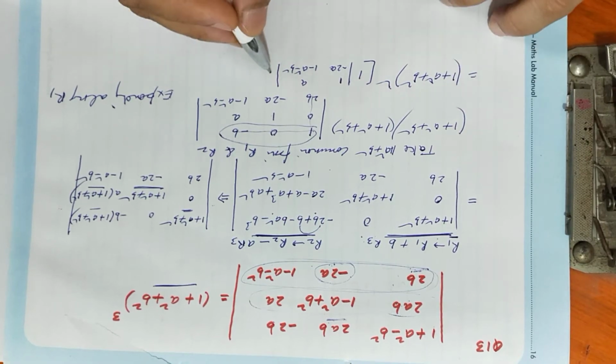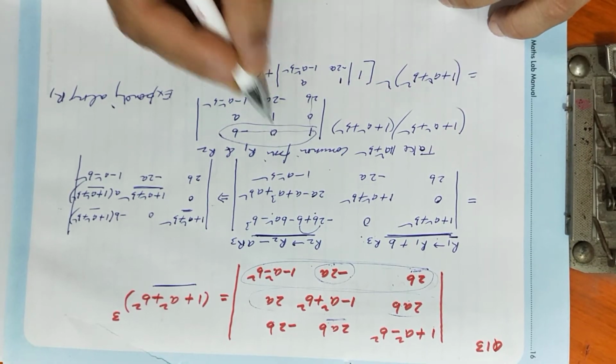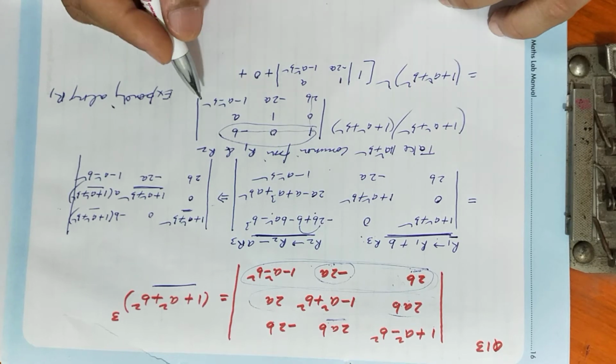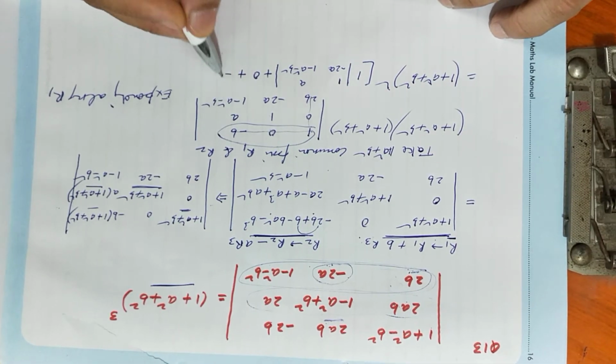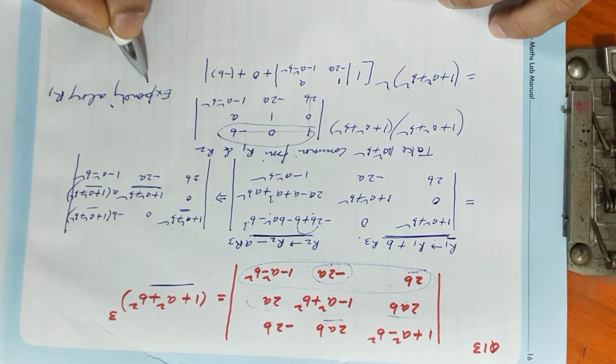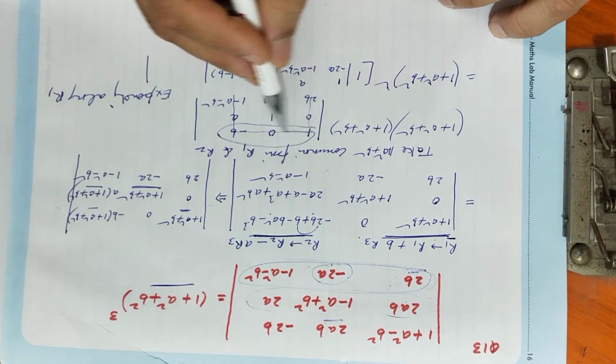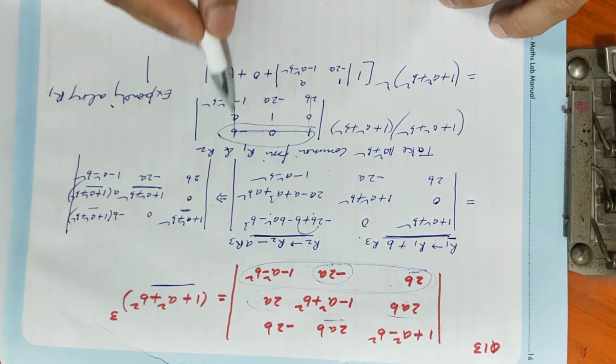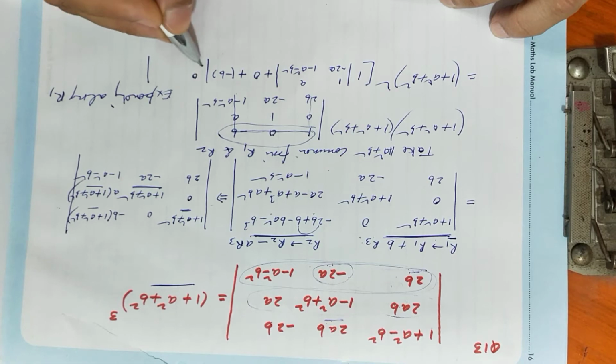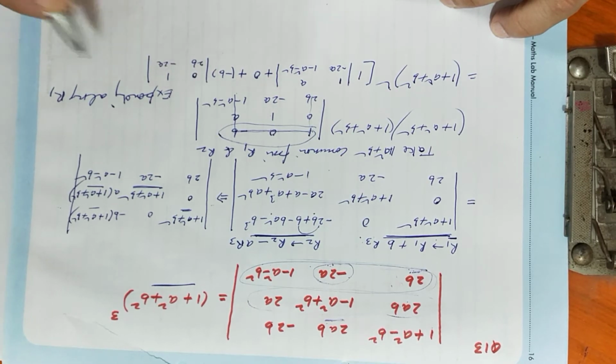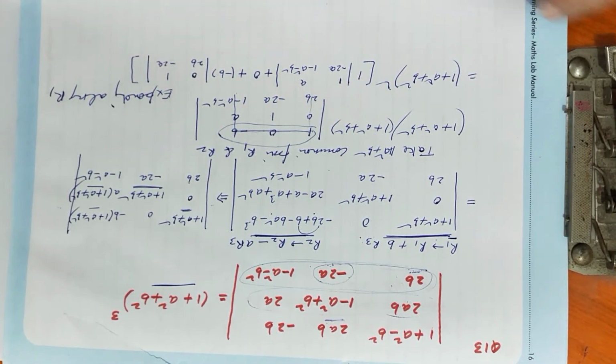It is left. Then plus 0. There is no need to write anything, just write 0 here. And plus, but it is −b. The −b, and when you cut the first row, third column, what you'll get? 0, 2b, 1, −2a. Got it?